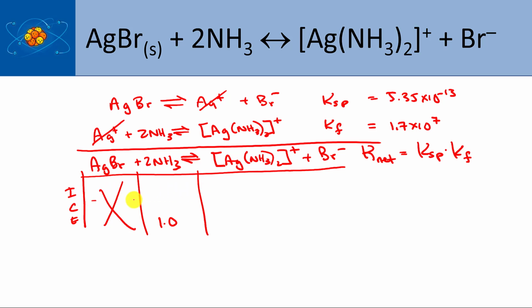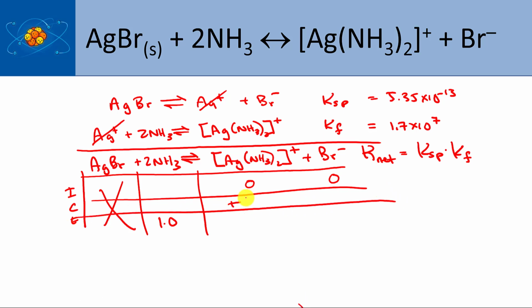And then this is initially 0, and this is initially 0. So this is going to be plus S, because we're doing a molar solubility, plus S, like that. And then this is just going to be S and S.